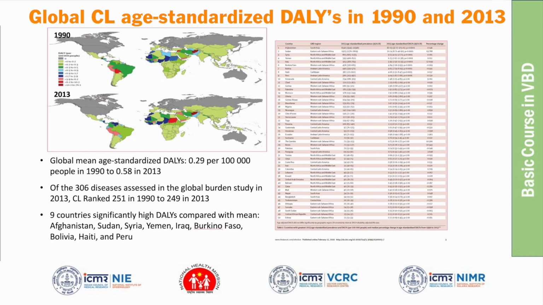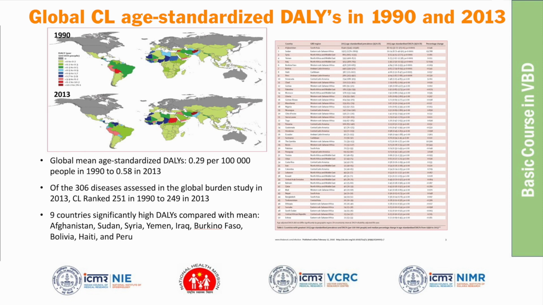These DALYs are age standardized, and you can see the global mean age standardized DALYs are 0.29 per 1 lakh people in 1990, which has increased to 0.58 in 2013. This is a report based on data until 2013 reported by others in Lancet, published in 2016.